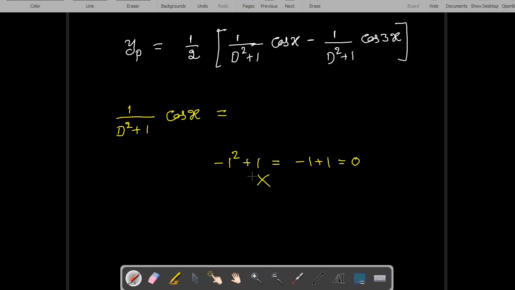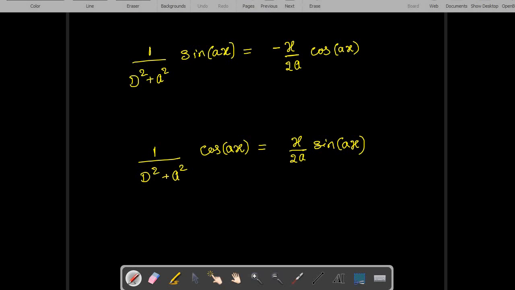So we can't substitute it here whenever you get 0 in the denominator. So in this case, what shall we do? Okay, right now I'll show you a simple formula. We will simply use that. So here it is. You can observe that sin ax is here. If we replace d square with minus a square, we are getting 0 in the denominator.